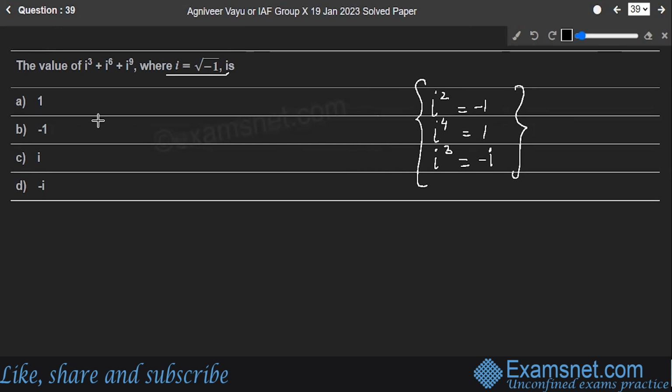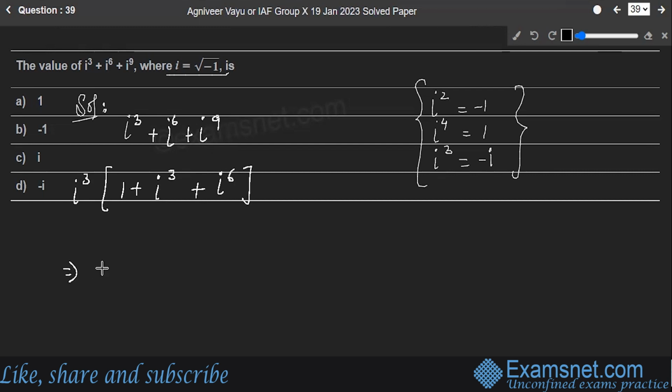Now you have to find out the value of iota cube plus iota 6 plus iota raised to power 9. I'll take the iota cube common. So you have iota cube times (1 plus iota cube plus iota raised to power 6). You know that iota cube is equal to minus iota.